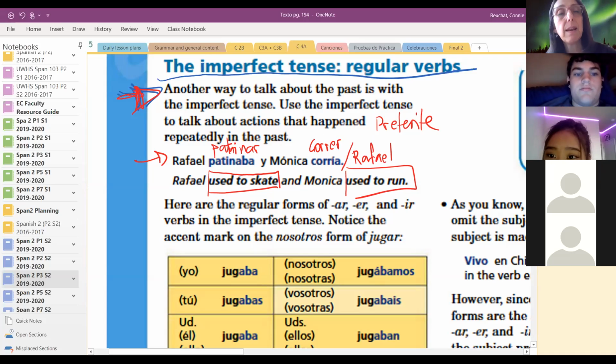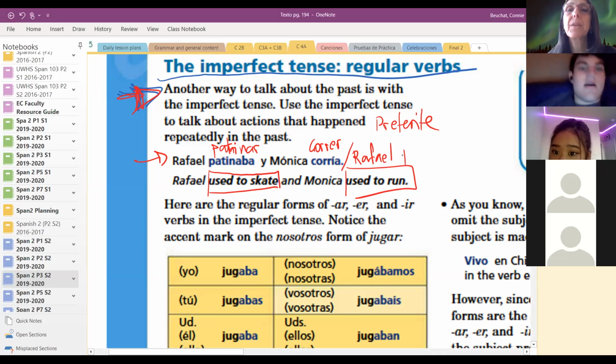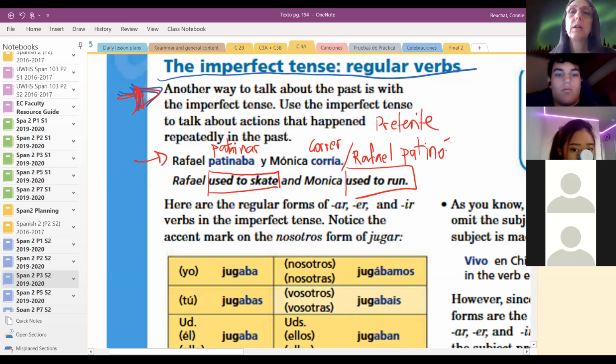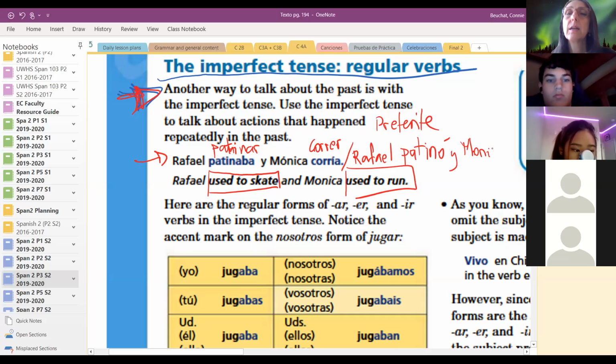So we have the verb patinar. What is the preterite for patinar talking about Rafael? Josh. The preterite will be patinó with an accented O. Correct, correct, correct. Patinó. Rafael patinó y Mónica. So we have correr.